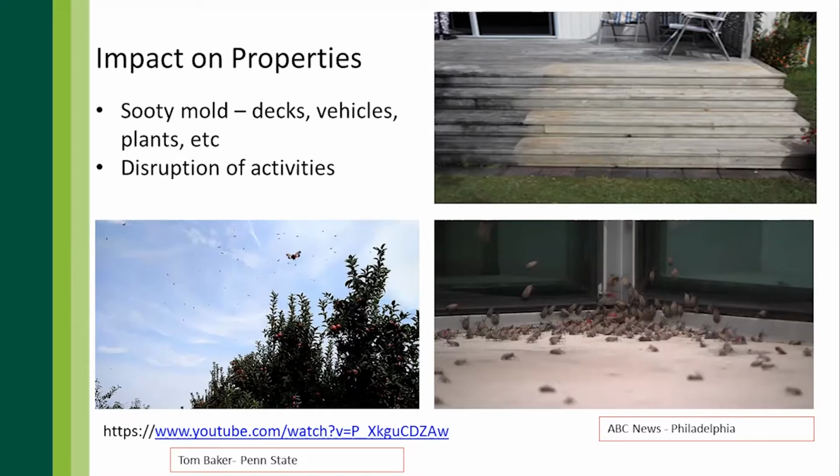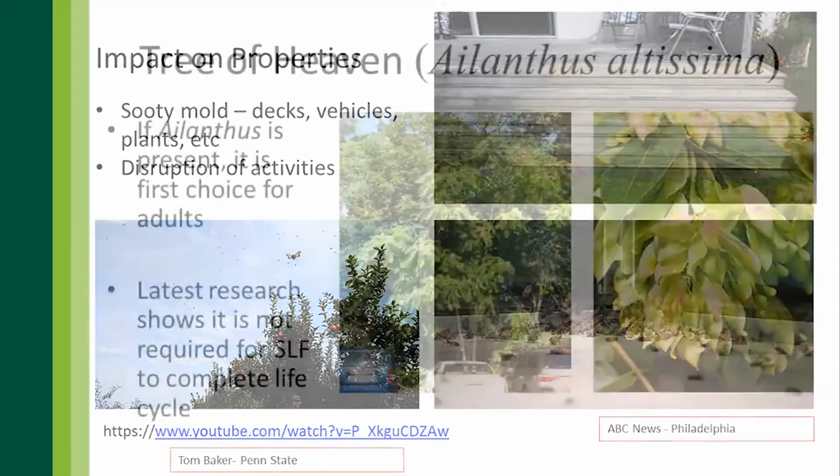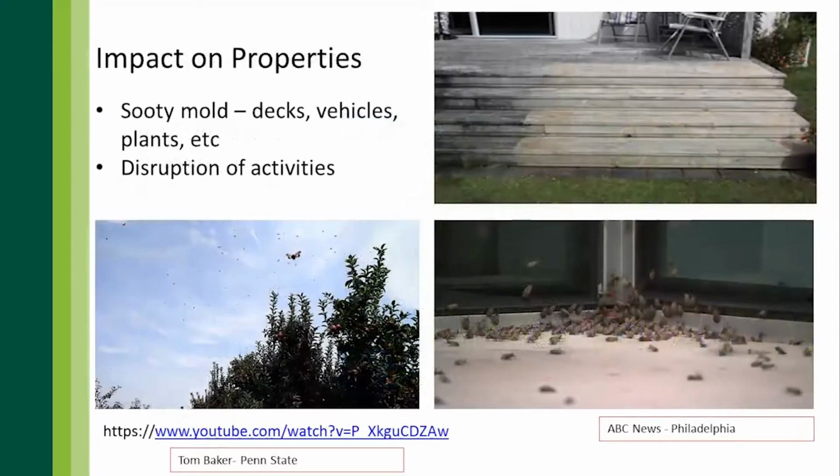Imagine if these were all at the front door of your home for a client, they can be quite offensive and just gross. So that's a big part of it. And also because they produce a lot of honeydew, they can attract stinging insects like wasps or bees. So that's another reason we want to manage these populations, so that we're not getting some of those secondary issues coming in as well.